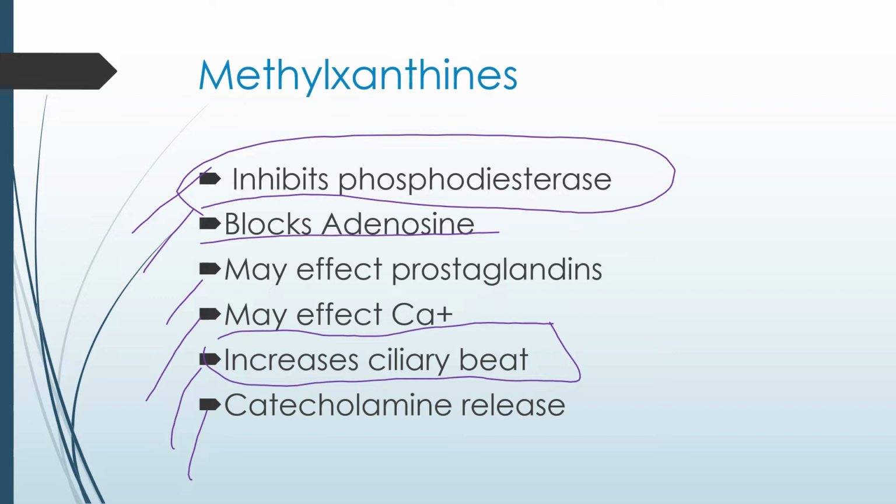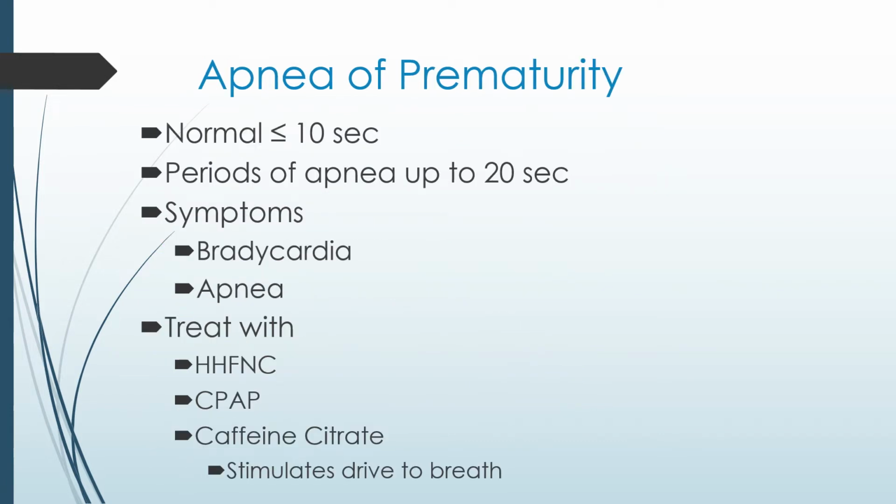So do look at that. It does have some of those things that can happen with catecholamine on an extreme level, but in general, that catecholamine release should be pretty minor and shouldn't cause any significant side effects, I should say. All right, apnea of prematurity.